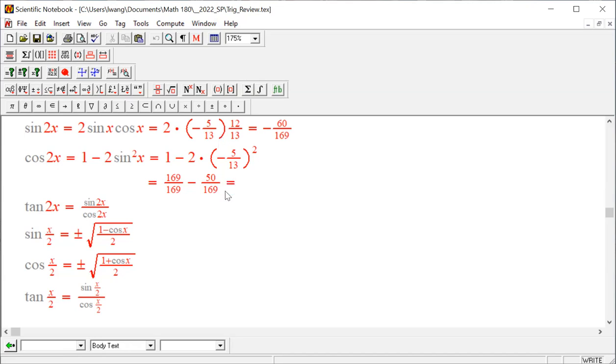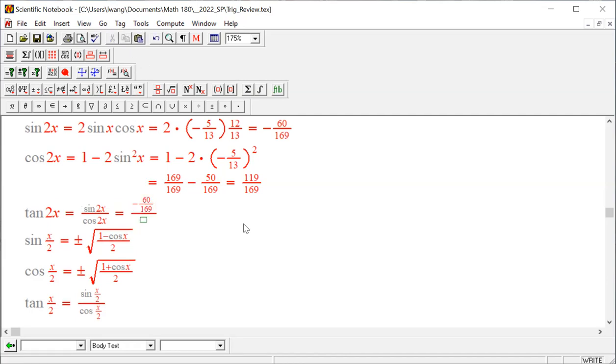So in the end, we're getting 169 minus 50. That's going to be 119/169. Can we reduce it? I don't think so. And tangent double angle, we're going to take the sine 2x divided by cosine 2x.